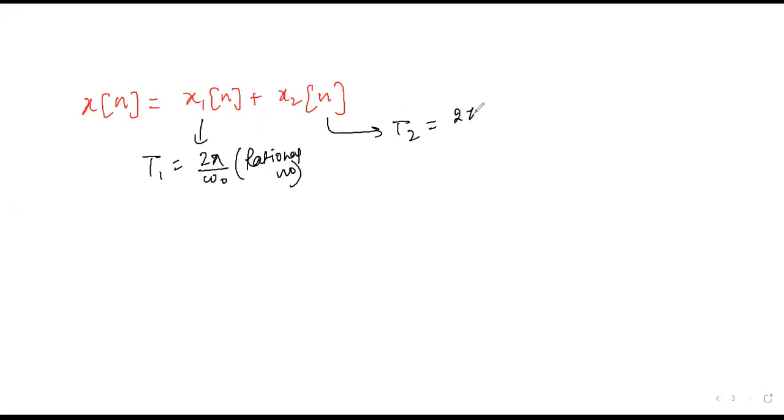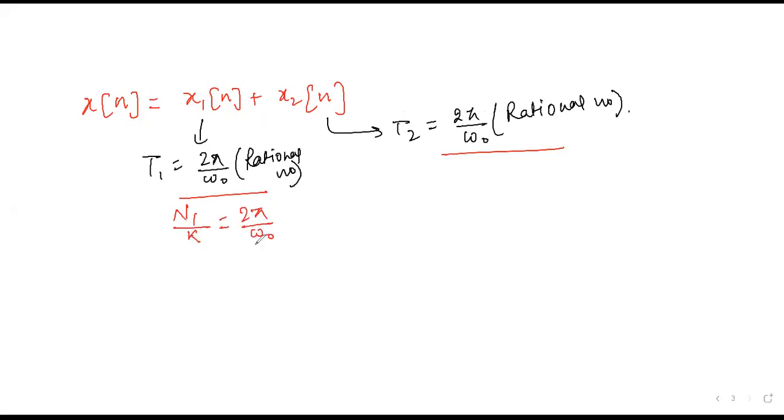T2 equal to 2 pi by omega naught, and let's say this is also a rational number. Got it? If both are rational numbers, then it is periodic. This is also periodic, this is also periodic. Let's say this is N1 by k equal to 2 pi by omega naught, and let's say N1 is an integer value.